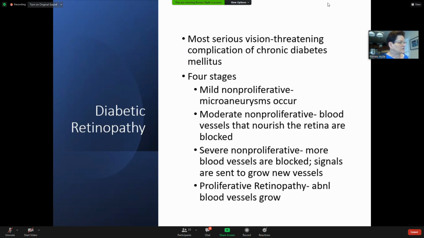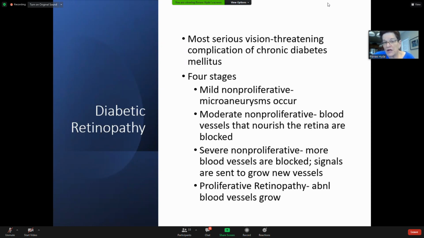One of the things that you'll see is that it is the most common cause of blindness in your patients with a history of diabetes mellitus. Now, there are 4 stages: mild, moderate, severe, and then proliferative.